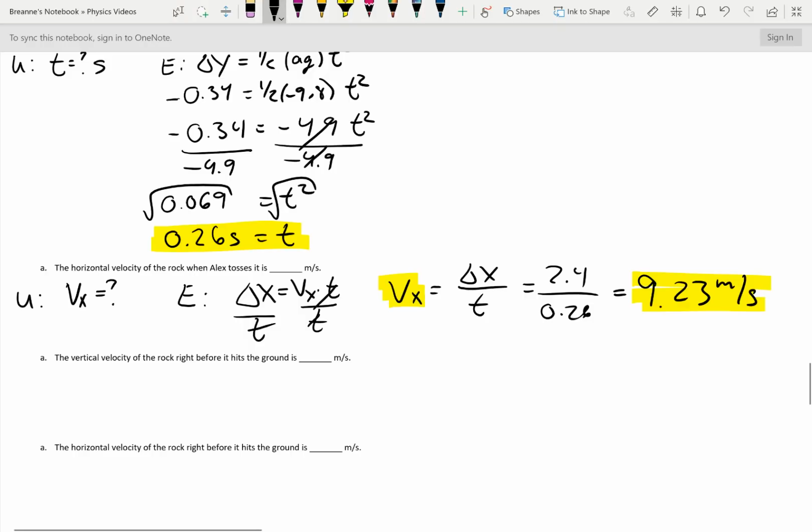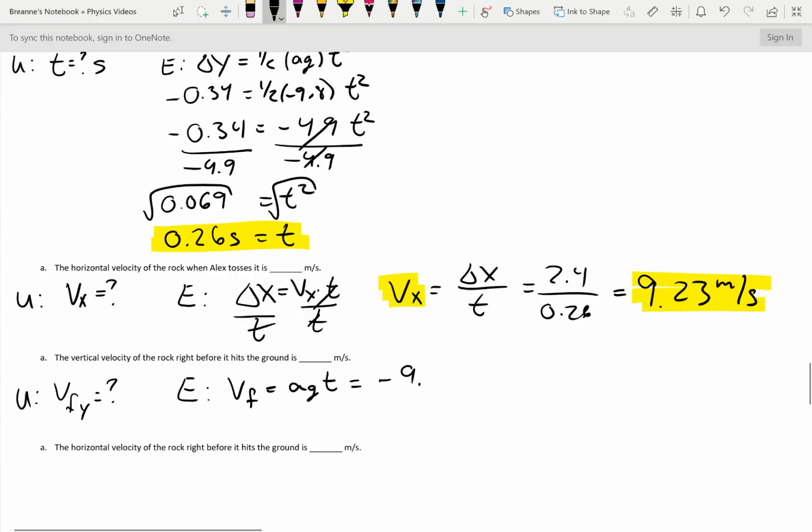Next one: the vertical velocity of the rock right before it hits the ground. That is your final velocity in the y direction. We have two equations with final velocity in them. We don't have our delta y just yet, and we could solve for it, but let's use final velocity equals a g t, because we have our time.